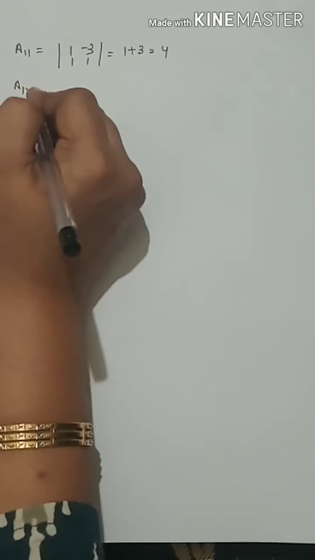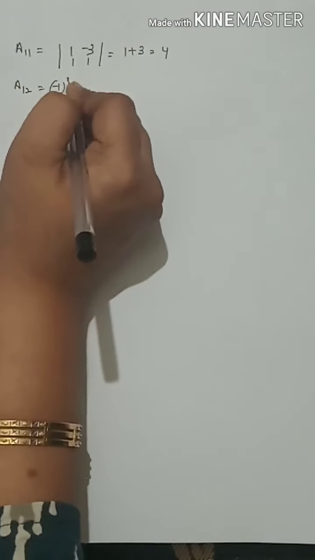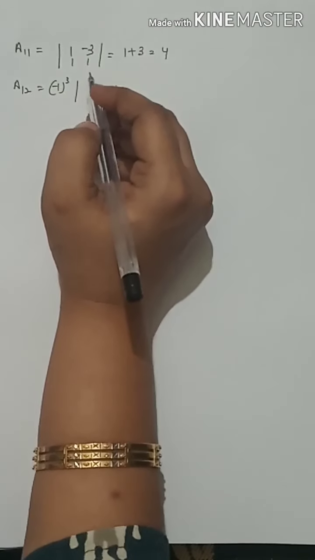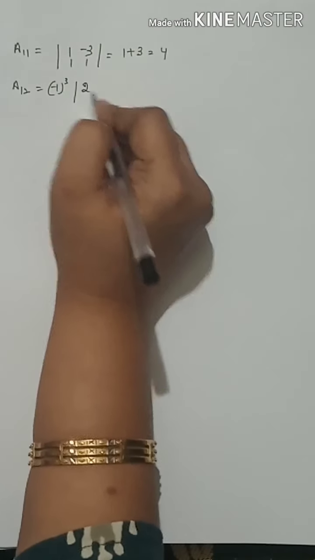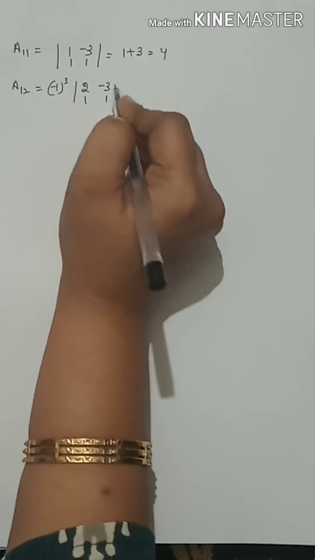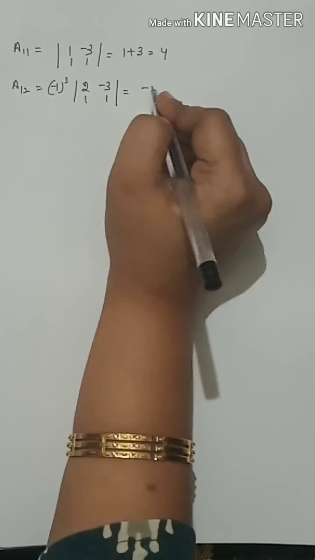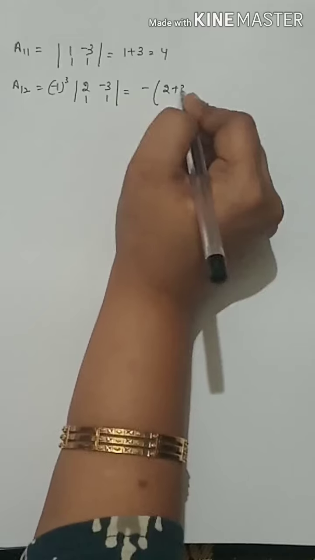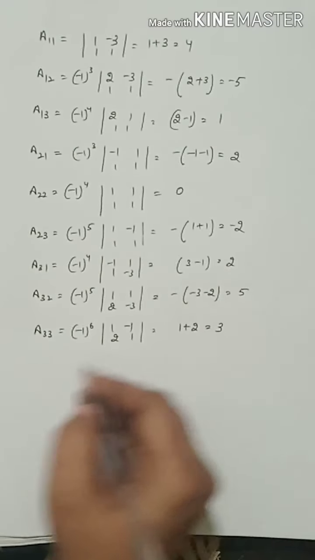So A11 is equal to 4, A12 is equal to (-1) raised to the power 3 times the determinant [2, -3; 1, 1]. We get the value of a cofactor by deleting the ith row and jth column from the determinant.